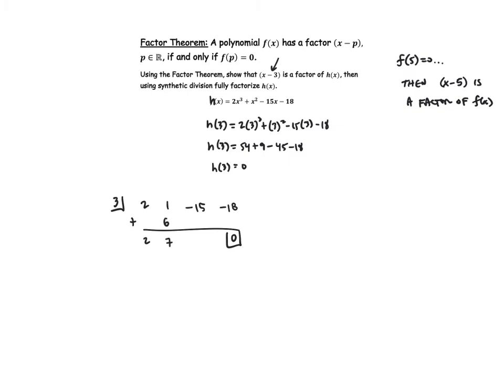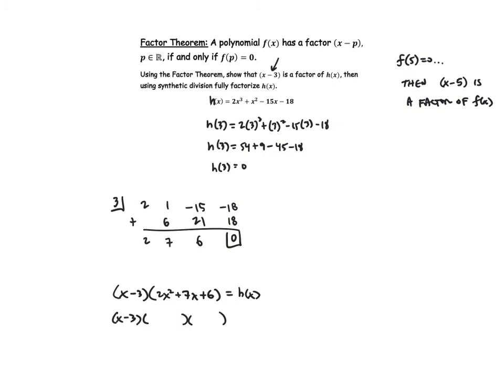Multiply 3 and 7, that gives me a 21. I add, that gives me a 6. Multiply 3 and 6, it gives me an 18, which of course adds to 0. Thus, I can say that x minus 3 times 2x squared plus 7x plus 6 is equal to h of x. Now, I want a fully factorized version of h of x.